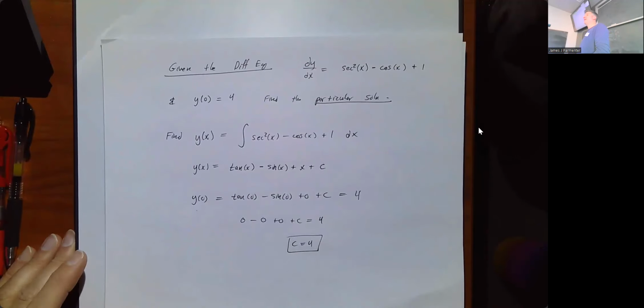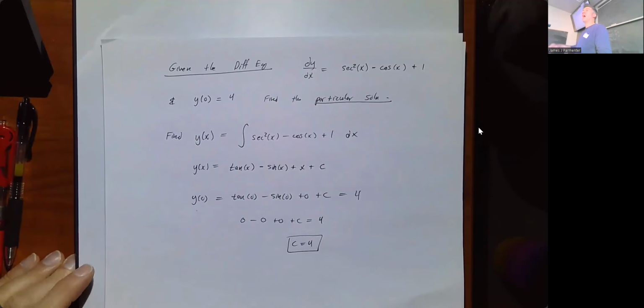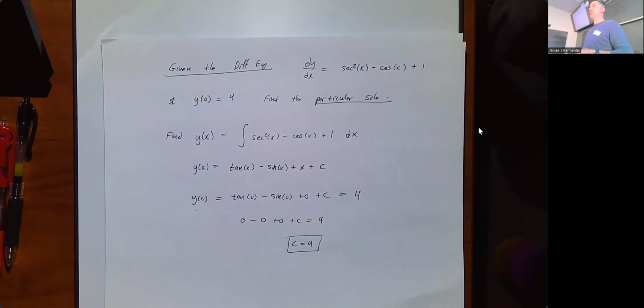I want to stress a lot: we're not done. We didn't finish the problem. We didn't answer the question, because the question said find the particular solution to this differential equation, which means we have to write the function again with the constant value plugged in.